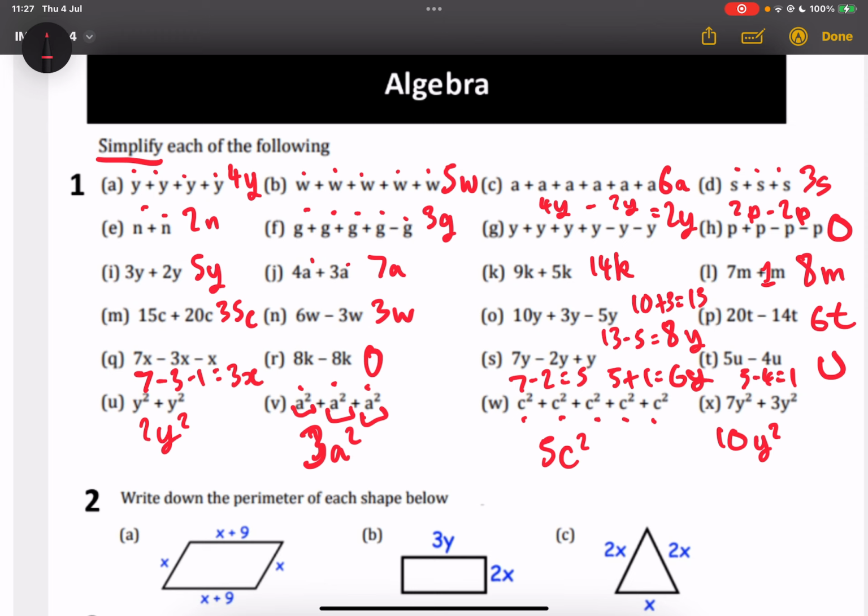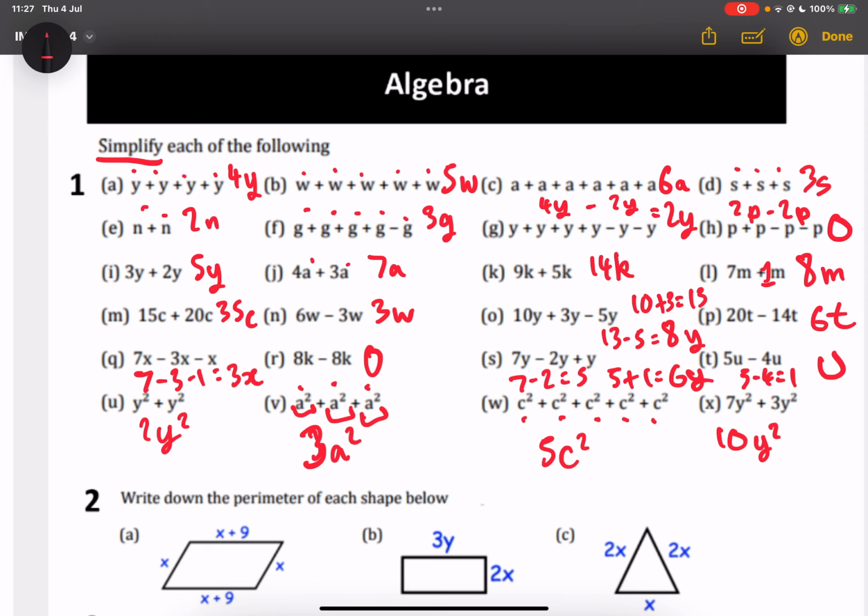So it's going to be x plus x plus x plus 15 plus x plus 15 is equal to 150. So it's going to be 4x plus 30 is 150. And that is going to be our answer for part A.